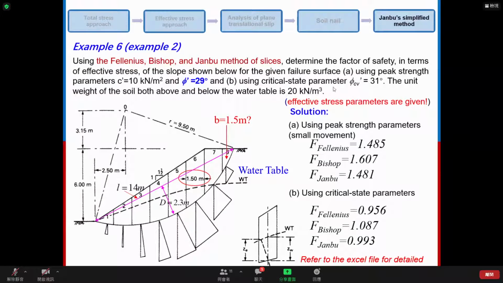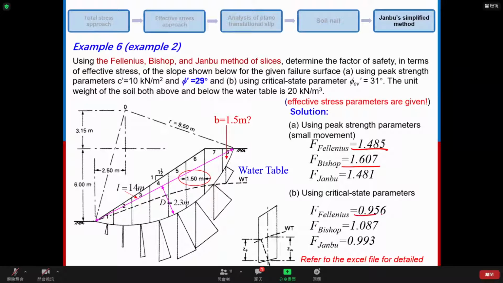For the critical state, we assume c prime is equal to 0, so we only have one phi parameter. The unit weight of the soil both above and below the water table is 20 kilonewton per cubic meter.